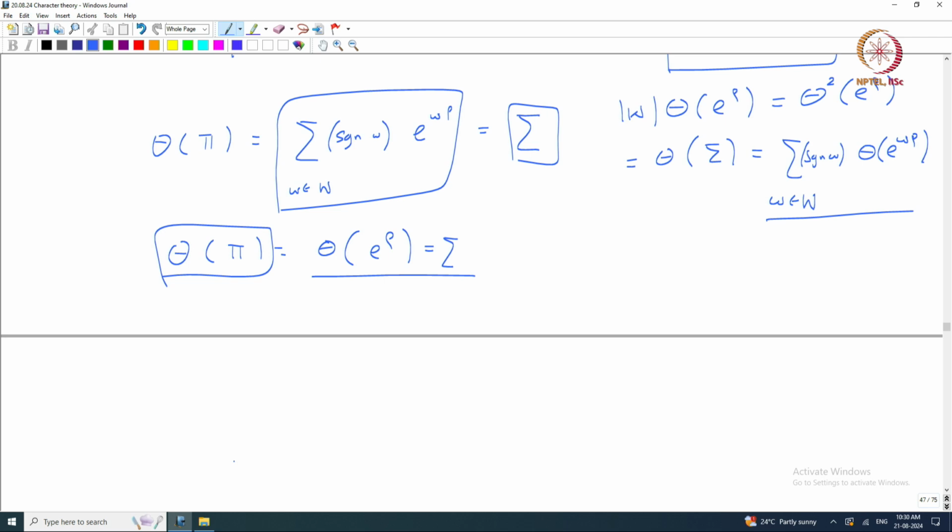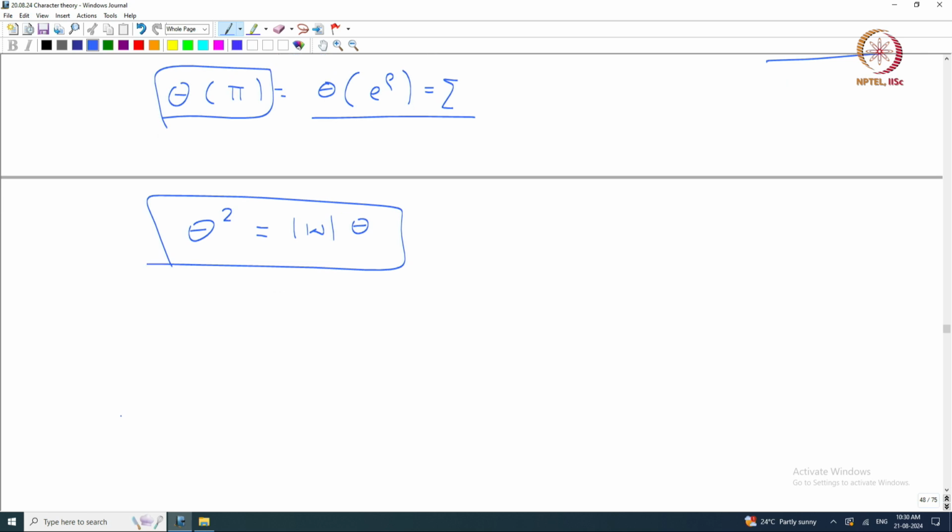Theta square is the same as the cardinality of W times theta, and this is true for theta itself. So, we can apply it for pi. Okay. So, the cardinality of W times theta of pi, let us look at. This is theta square of pi, which is theta of pi, which is the same as theta of e power rho.